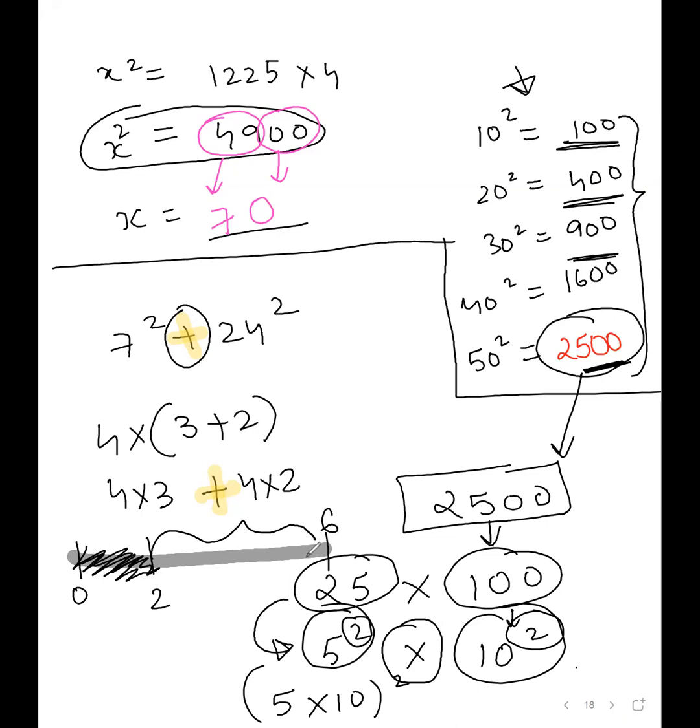How did you find that? 2 plus 4 gives 6. So 2 plus, we don't know what that is, a question mark, gives 6. So that question mark is equal to 6 minus 2. So what you have done here is the same thing as what we are doing in the other problem. You take the bigger distance minus the smaller distance. Okay, I understand.